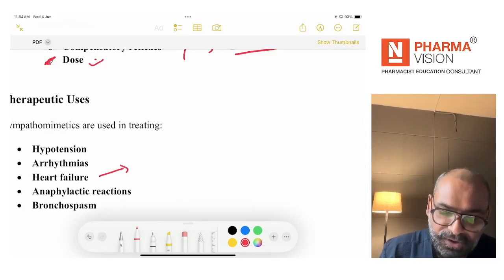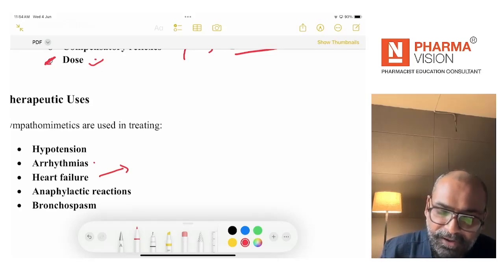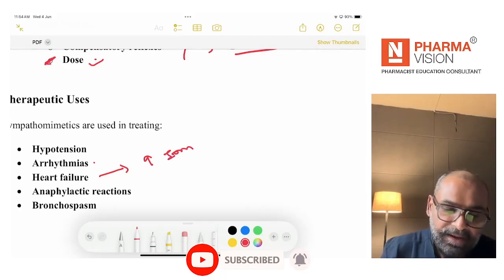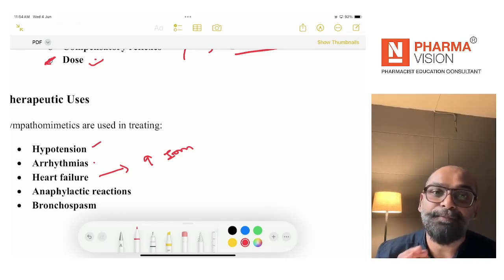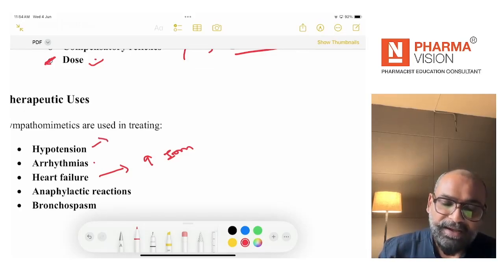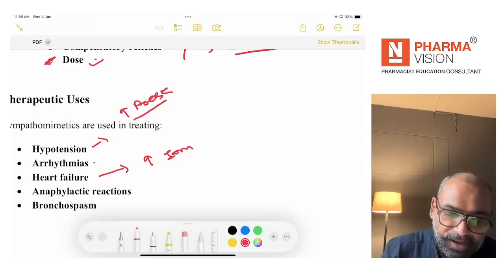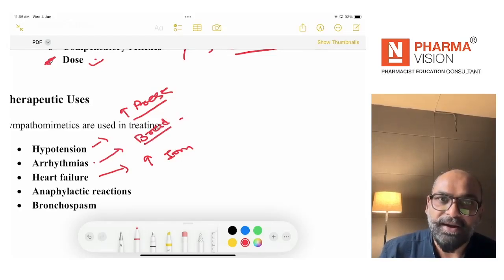If the patient has severely low cardiac outflow, we can improve it with a positive inotropic effect. Second, if the patient has a collapsed pressure system, that means severe hypotension, we can give this kind of medication to increase the pressure and maintain hemodynamics. Arrhythmias, especially bradycardia, can also be improved with such medications.